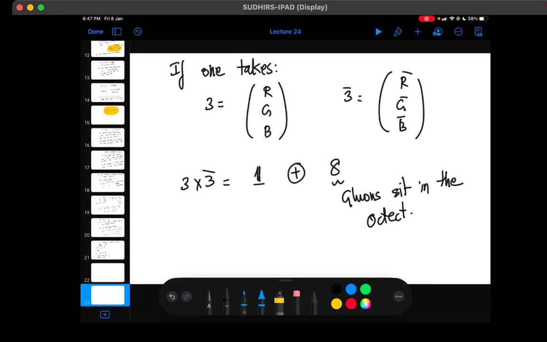These octets essentially take the structure coming from the generators, so that means they carry color. So that's what I was saying.